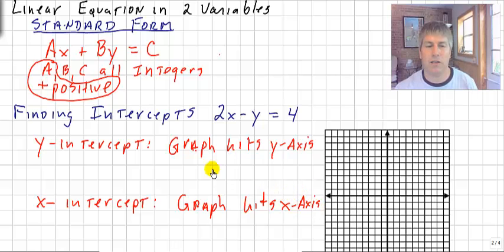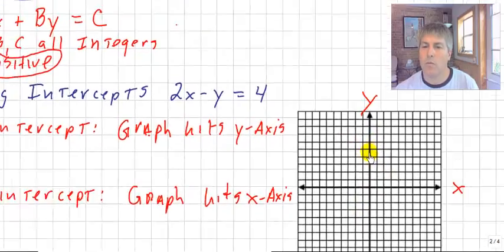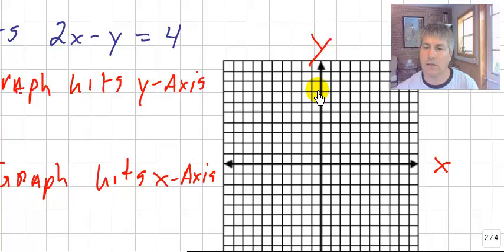Okay, so it's going to hit the x, and in this situation, we're going to hit the x and y-axis at some point on our line. Well, if we look at our coordinate plane here, let's look at the y-intercept first. When we hit the y-axis, what's the value of x?